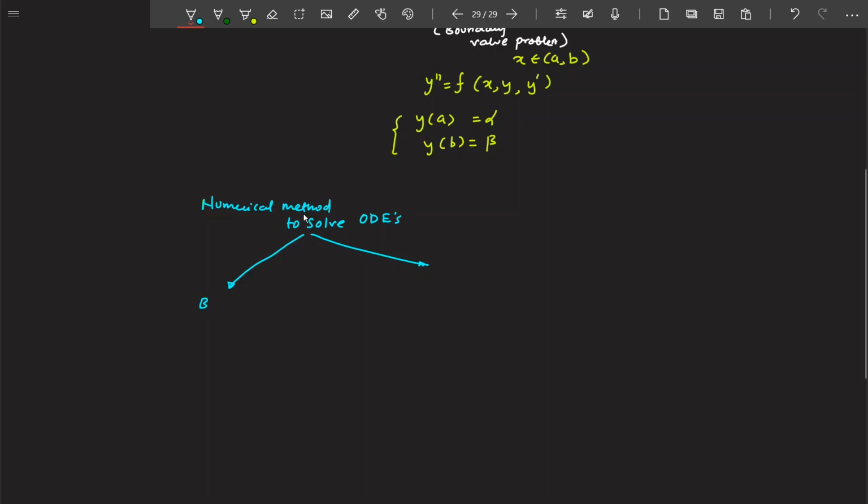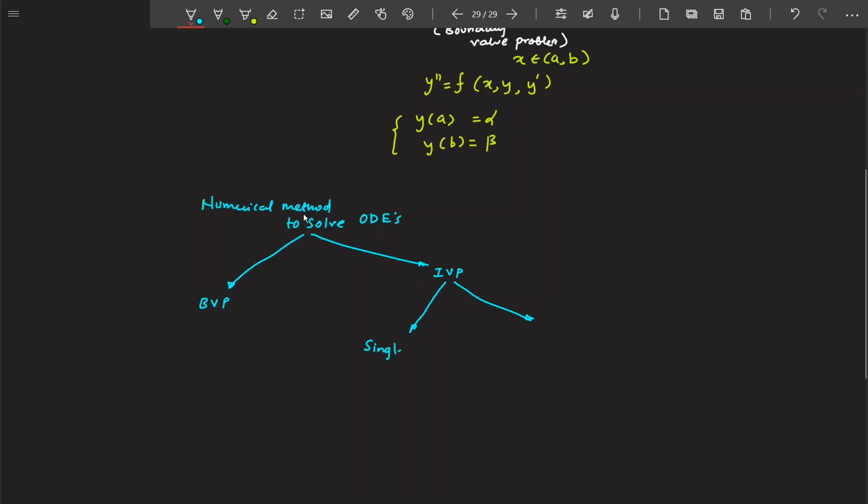One type of problem that you will encounter is BVP, that we have just discussed, boundary value problem, and the next is initial value problem. The numerical techniques to solve an initial value problem are classified into two.